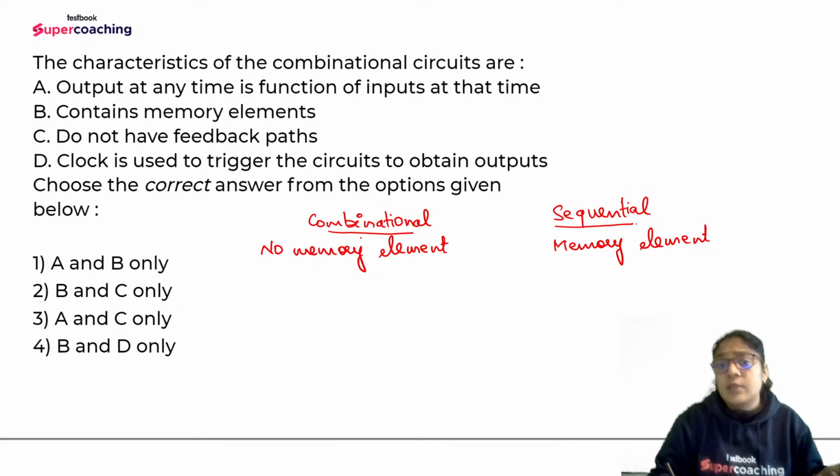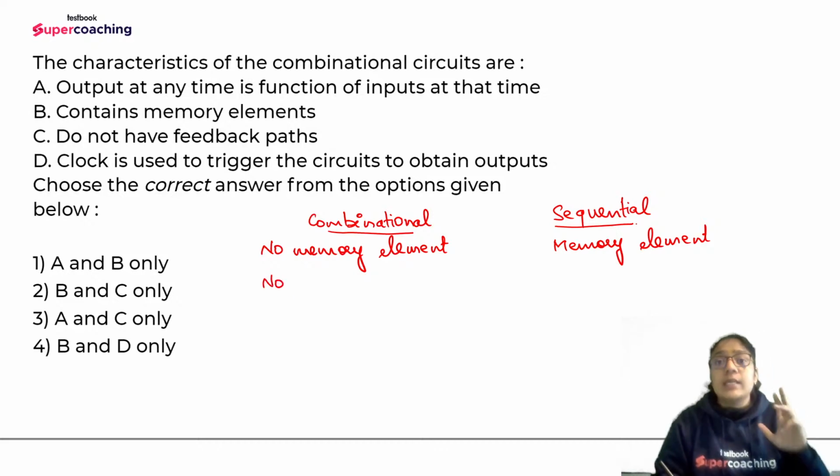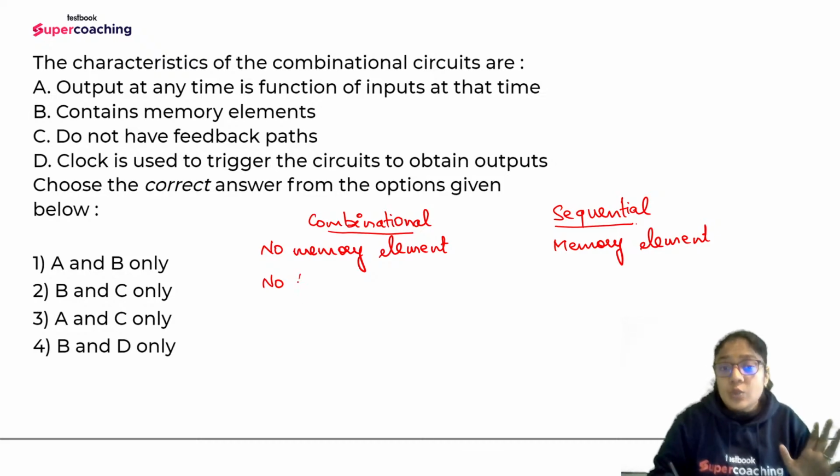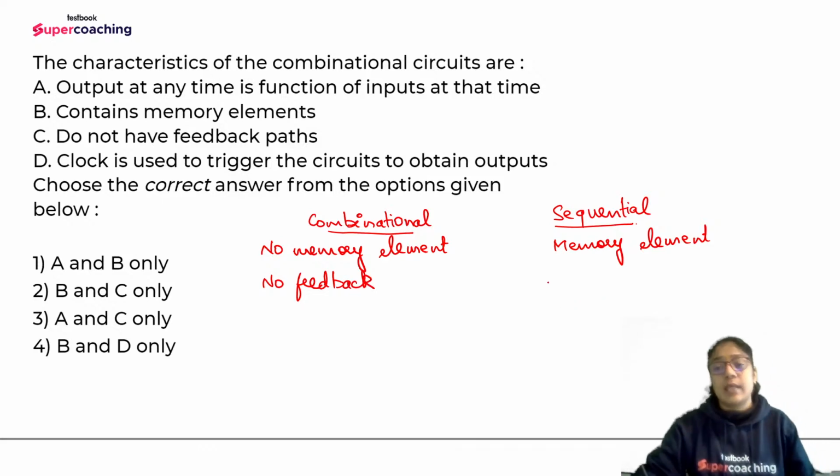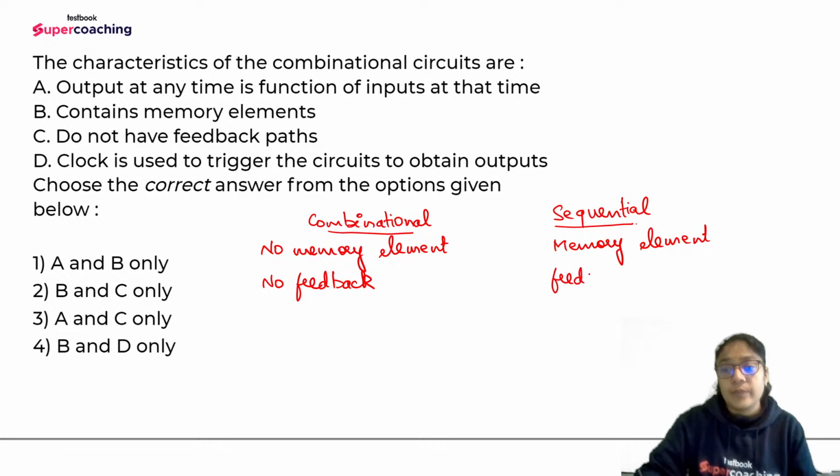This means that in the combinational circuits there will be no feedback. Feedback देने के लिए some memory is required. So there will be no possibility of providing the feedback. But since in sequential circuits memory element is there, so feedback can be provided.